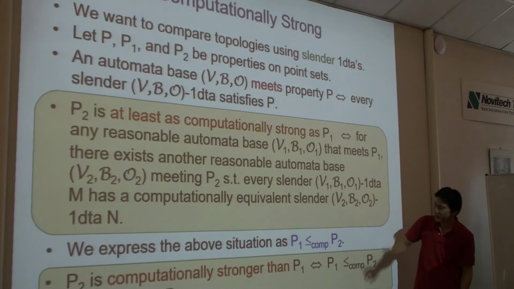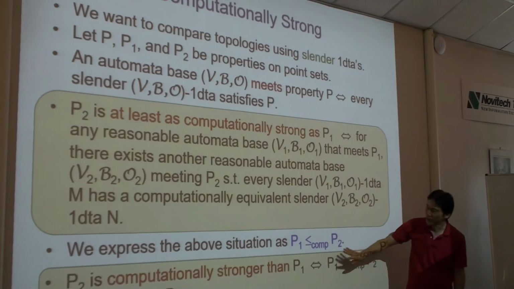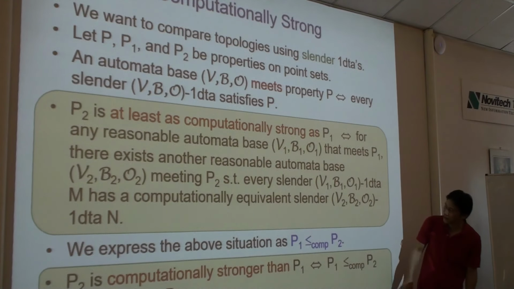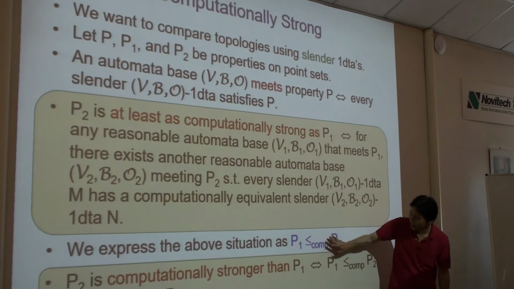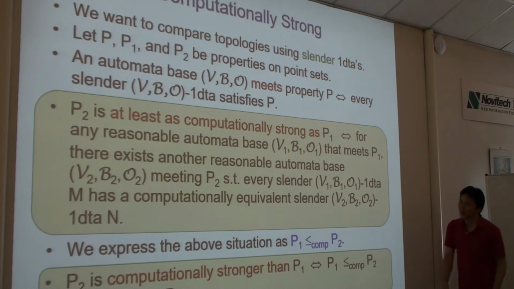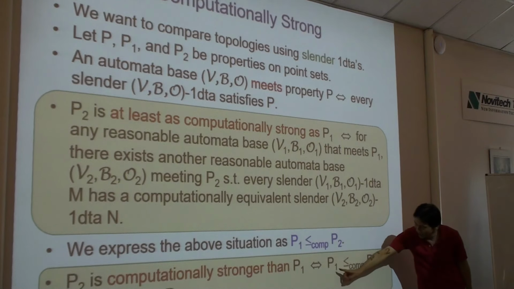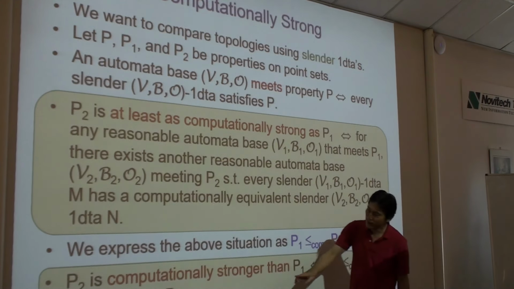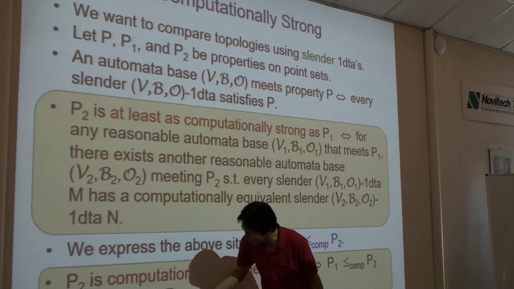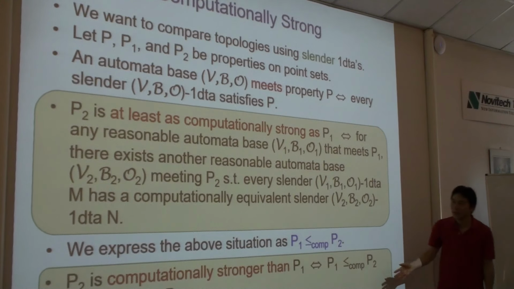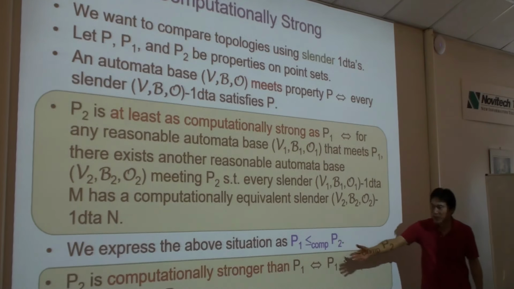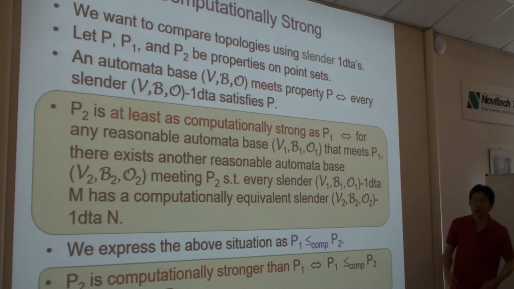So in that case, we write that P1 is at least as strong as P2 computationally. But if the converse of the same condition doesn't hold, in that case we say P2 is computationally stronger than P1, because there is no other way around.